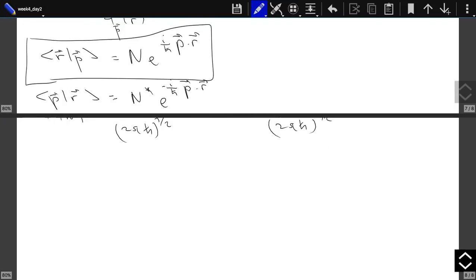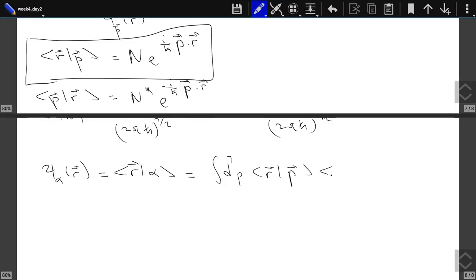So now we know how to go from one wave function to the other. You see, psi alpha of r is equal to the inner product of r with alpha, which is the integral d cubed p of the inner product of r with p times the inner product of p with alpha.